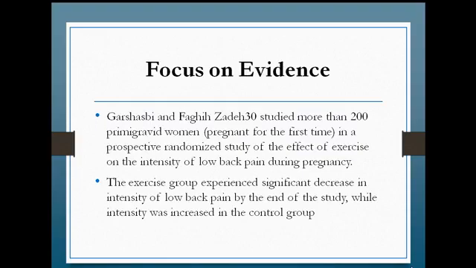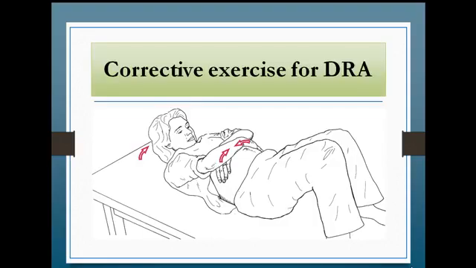This is basically the evidence: in 200 women who were pregnant for the first time, diastasis recti abdominis exercises were used to treat their low back pain. So this showed that the cause of low back pain was basically the rectus abdominis muscle separation.